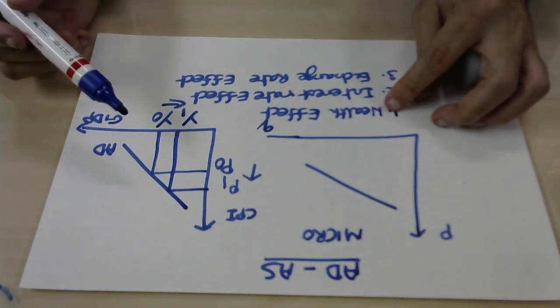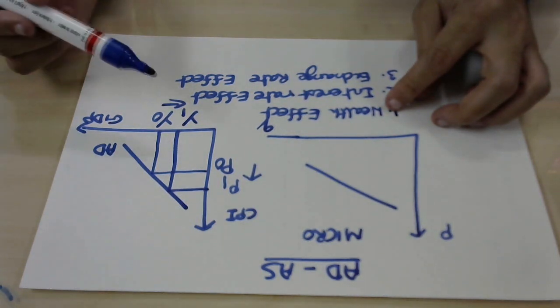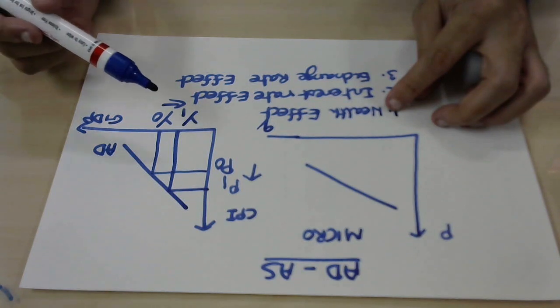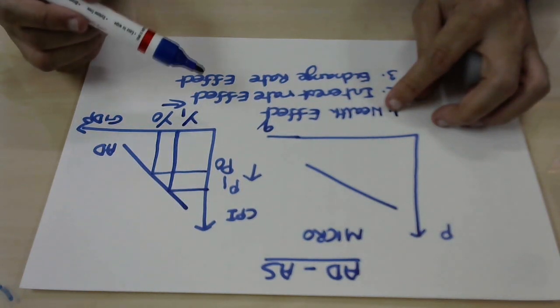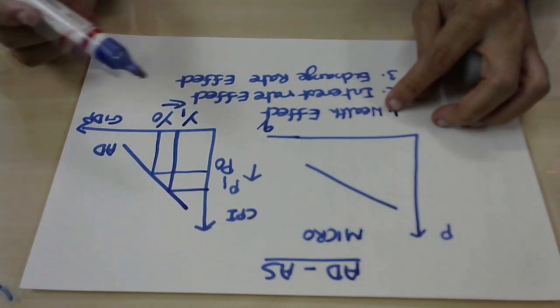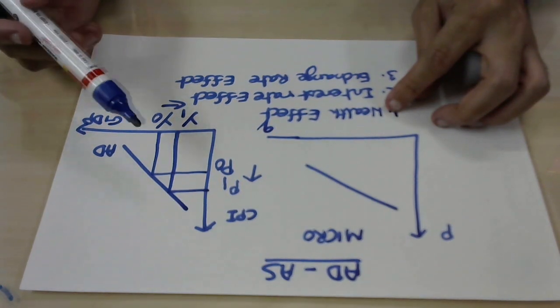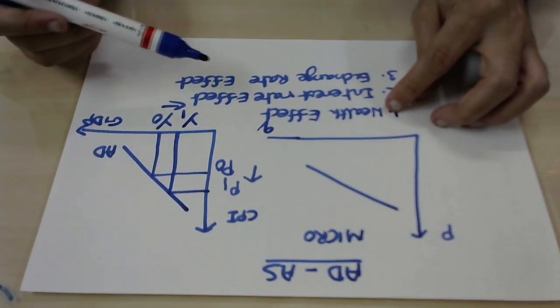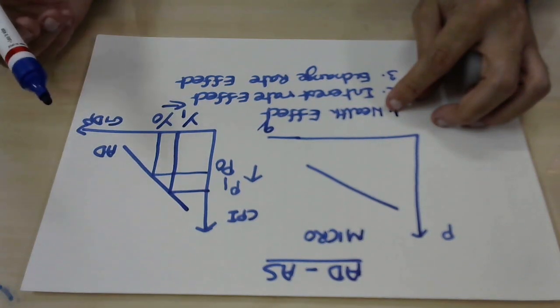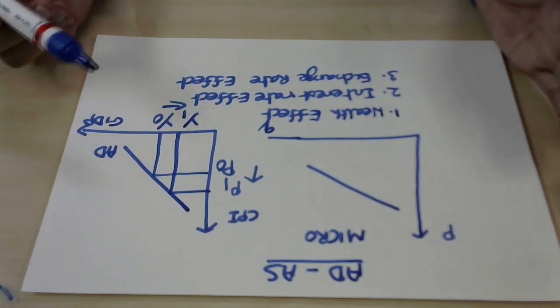Suppose the price level has doubled, then what does that mean? I need twice the amount of money to buy the same old goods and services, or in other words, the money that is with me is now worth half what it was earlier.